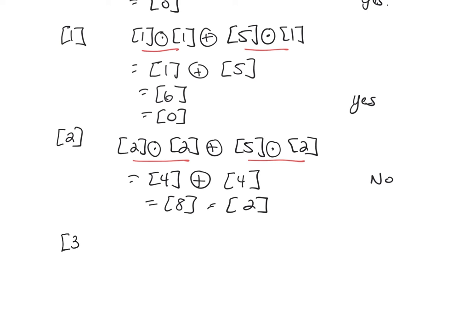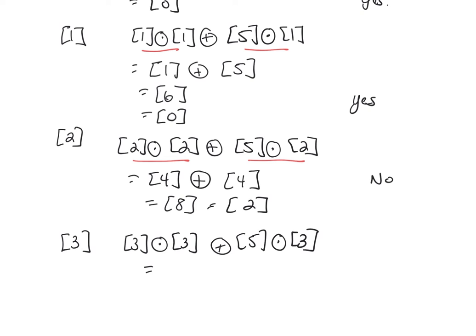We've got a couple more to check. So you're going to do 3 times 3 plus 5 times 3. I think I'm just going to say what you get here, since we've done a few of these calculations. So here you should get 0. Again, you're going to do the multiplication first.